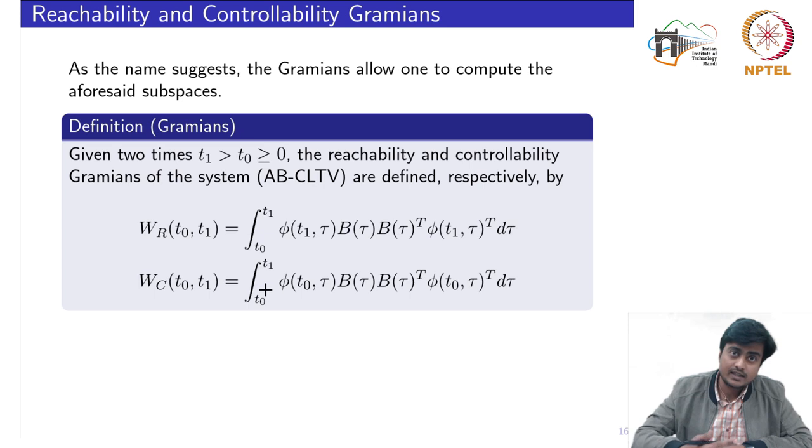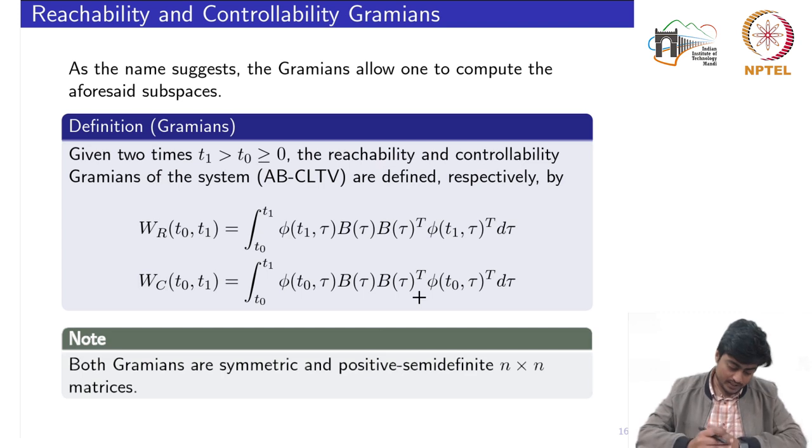So we have already seen the slight difference between the reachability and controllability subspaces, when we specifically saw that there's merely a change of t1 and t0 in computing the reachability and controllability subspaces.